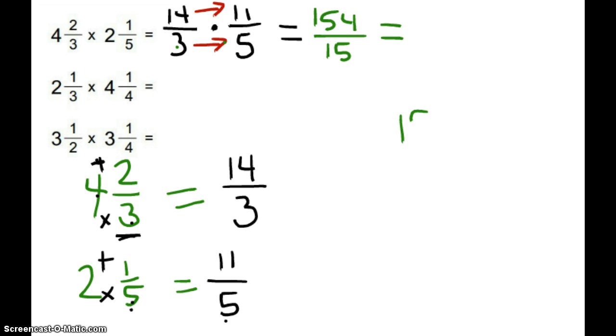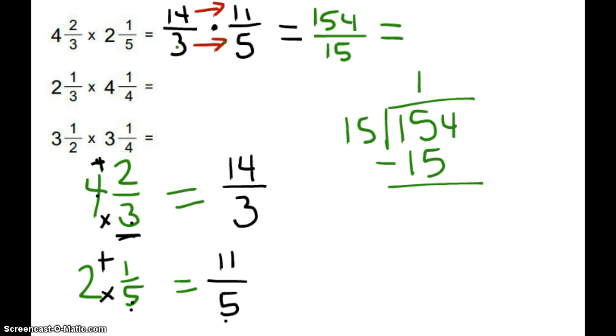So we're going to take 154 and then divide it by 15. Let me go ahead and show you this. 15 into 15 goes once, because we're going to leave it as a mixed number.